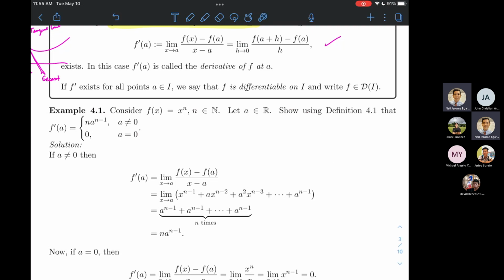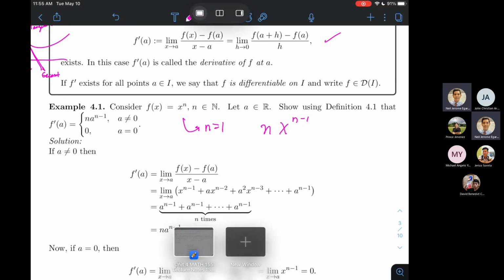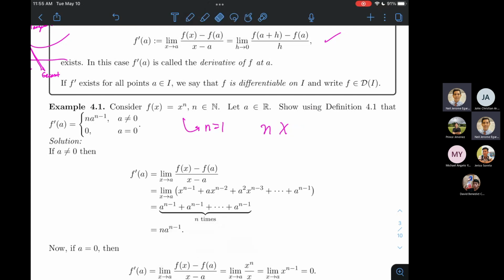Kapag ka si n ay equal kay 1, so magkakaroon ka ng, okay pa rin yung derivative na ang derivative ni x to the power n ay n x to the power n minus 1, but when n is equal to 1, so the exponent here will be 0. Tapos ito ay 1.